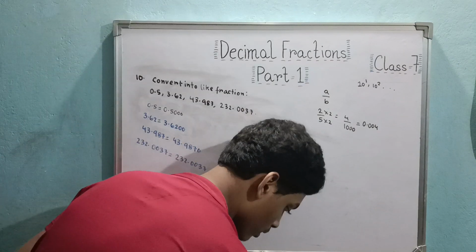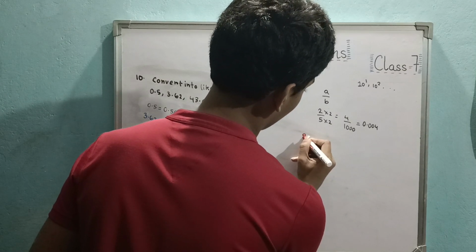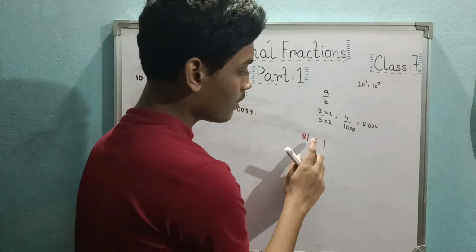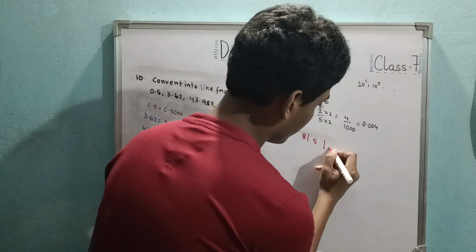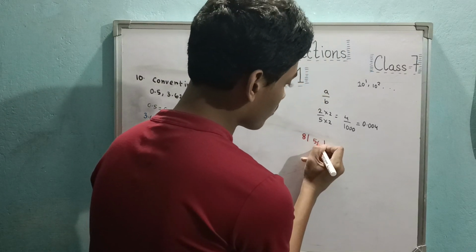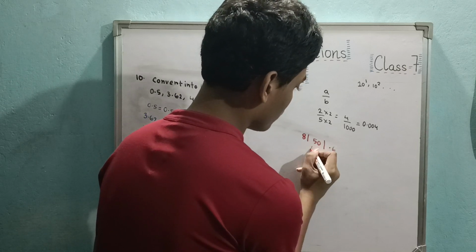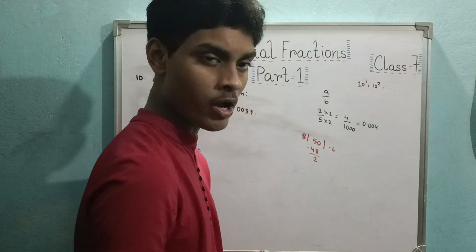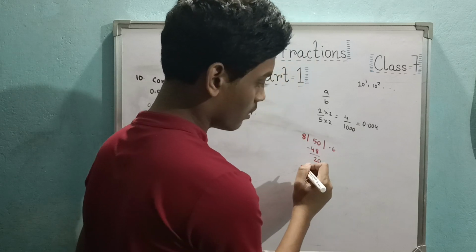Suppose I am again doing an example like this, 8 by 5. So here, I can't divide 5 by 8, the dividend is smaller than the divisor, so I add a point. Whenever I add a point, a 0 will come to the dividend. Now 6 8s are 48, so 2. Now when you are inserting the point, automatically a 0 will be added after the remainder.